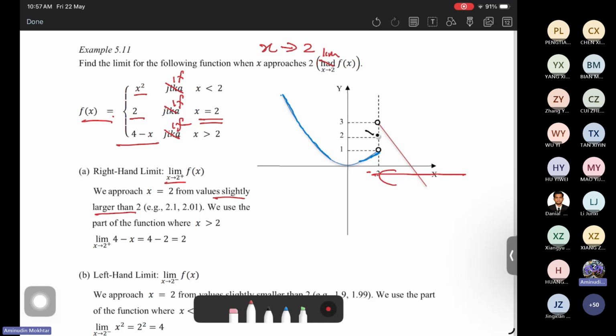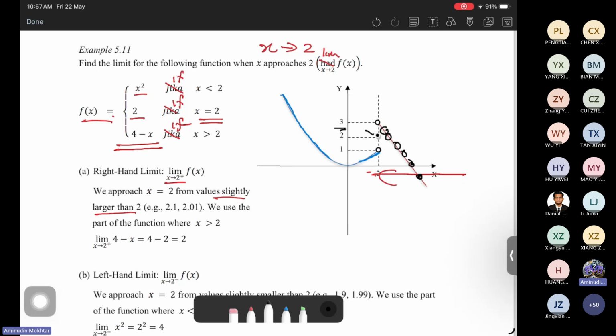The function will follow 4 minus x. The function is linear, so we can identify here when x approaches 2, the value of y will be close to 3. That's why the answer is 3.